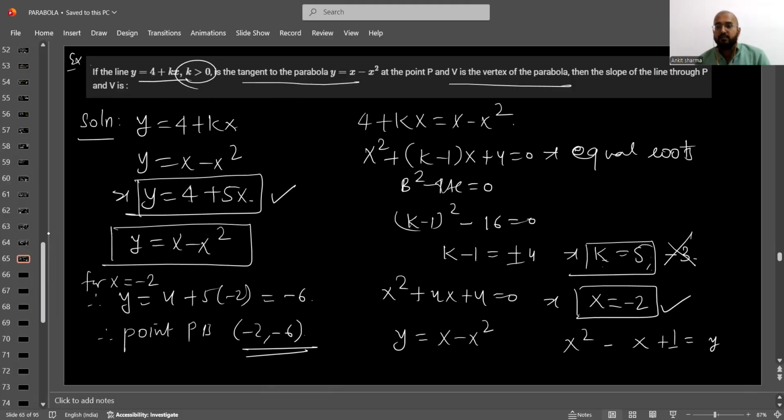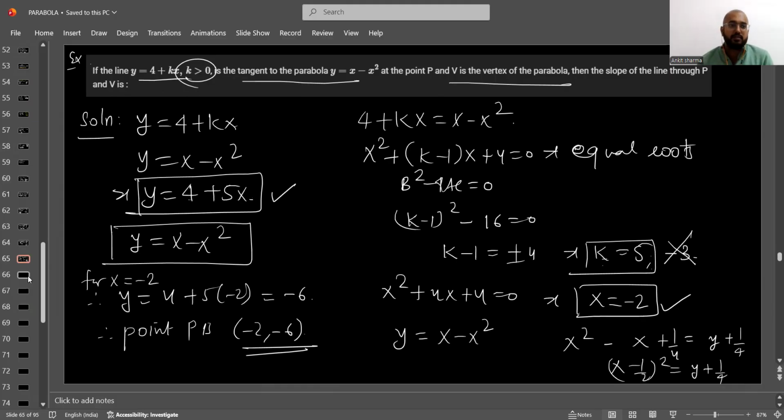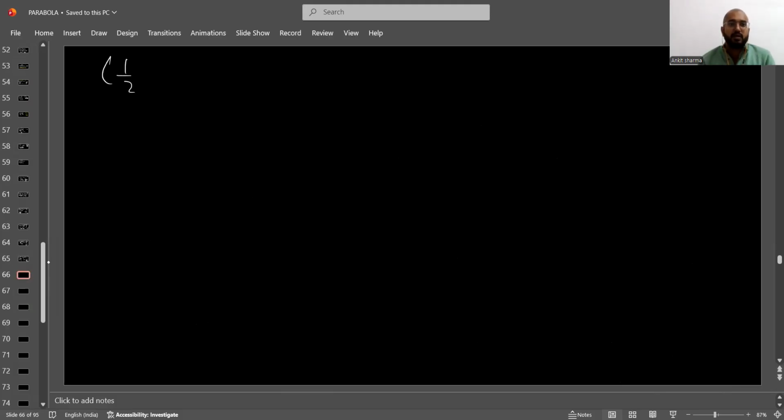So we can add 1 by 4 on both sides, and now we get the vertex directly. This is nothing but (x minus 1 by 2) square is equal to y plus 1 by 4. So the vertex of this parabola would be 1 by 2 comma minus 1 by 4.